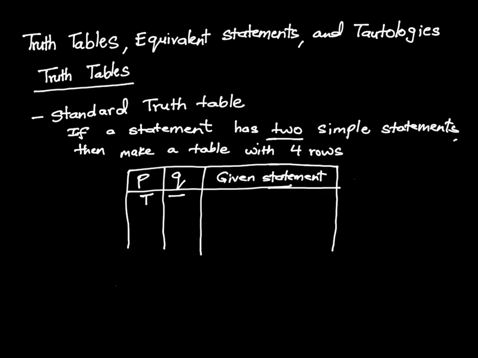And so this could be true, true, it could be true, false, it could be false, true, or it could be false, false. Okay, so that's how we figure out 2 raised to the n, where n is the number of simple statements. In this case, it's 2, so 2 raised to the 2 is 4.